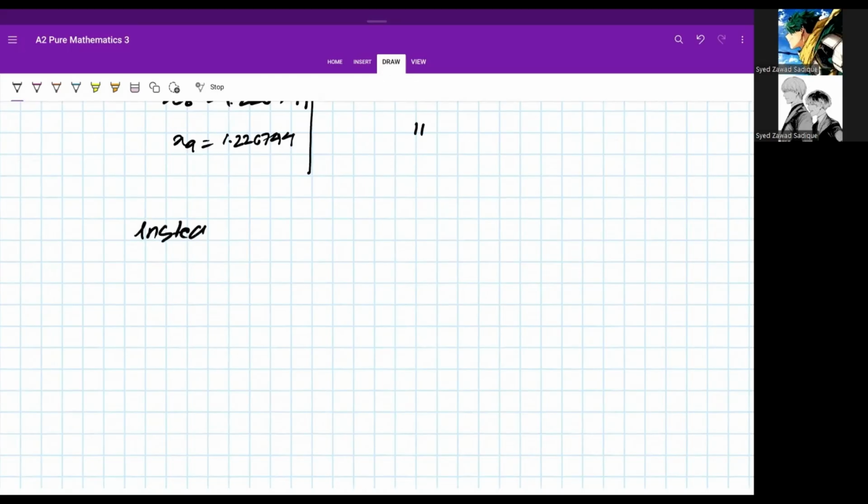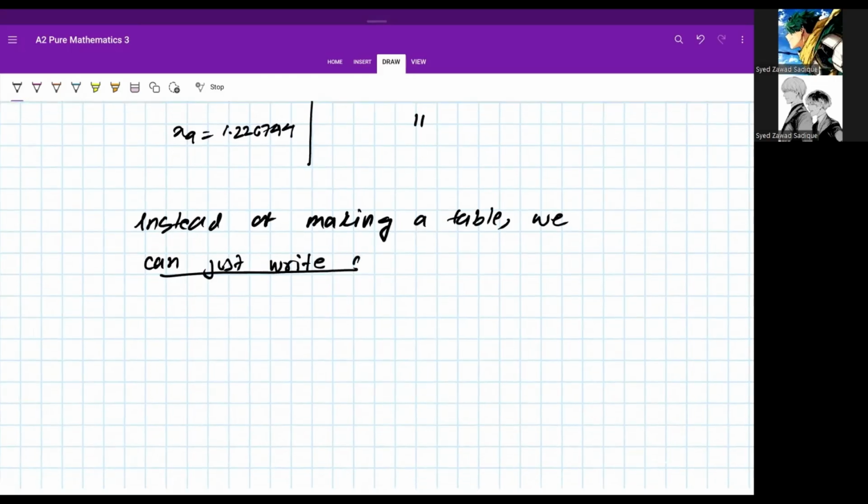Instead of making a table, we can just write it as it is.